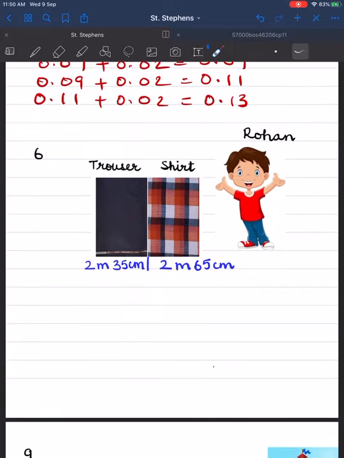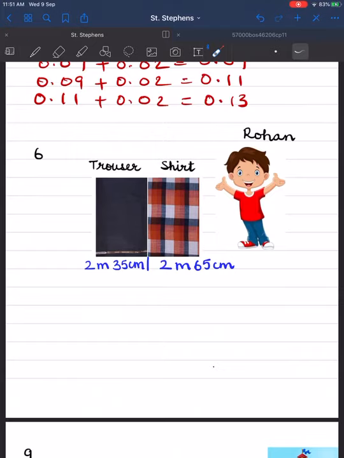Now let's do some word problems. Now Rohan bought 2 meter 65 centimeter cloth for his shirt and 2 meter 35 centimeter for his trousers. We have to find the total length of cloth bought by him.